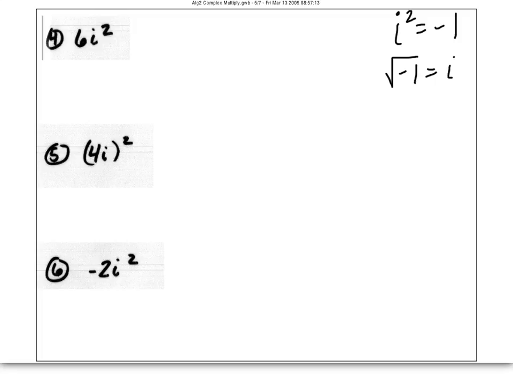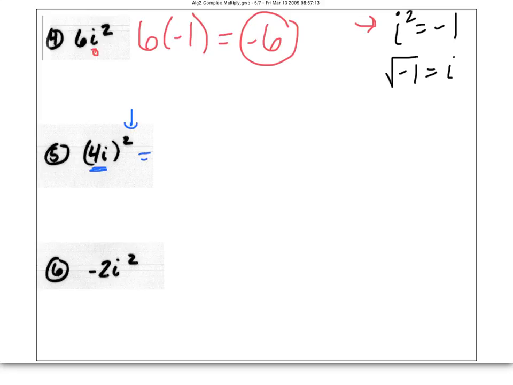If we look at number 4, you're going to have to simplify this imaginary number. 6 times i squared. Well, whenever you see an i squared, you now need to replace it with the number negative 1. So this is 6 times negative 1, which simplifies to negative 6. Number 5 has a little twist to it. Be careful. 4i is being squared, which means you have to do 4i twice.